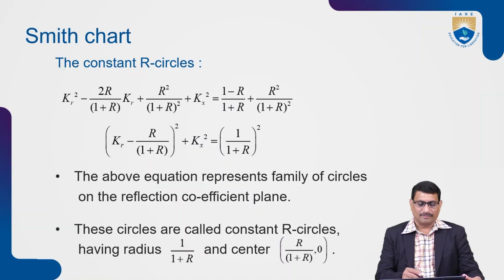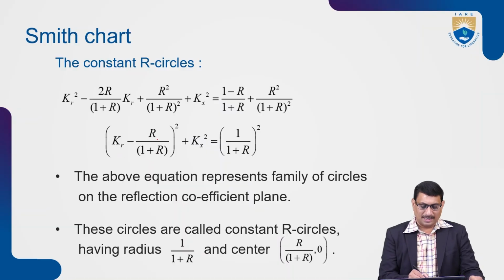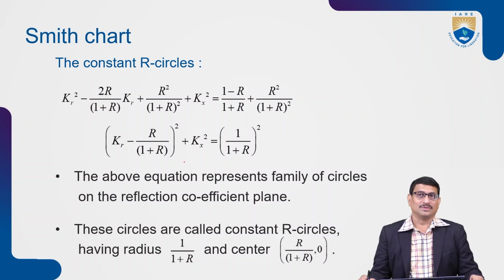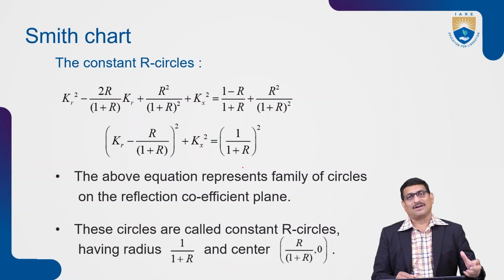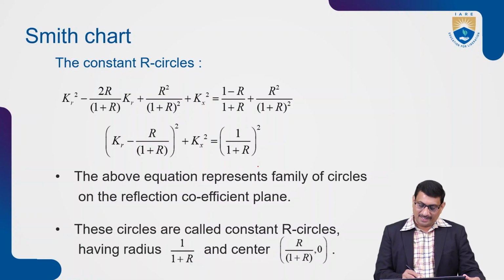Then by simplifying, we got the expression kr minus r divided by 1 plus r whole square plus kx square equal to 1 divided by 1 plus r whole square, and this equation represents the family of r circles, where each circle has its center at r divided by 1 plus r comma 0, and the radius is 1 divided by 1 plus r, where r is the real part of the normalized terminating impedance, which we assumed.